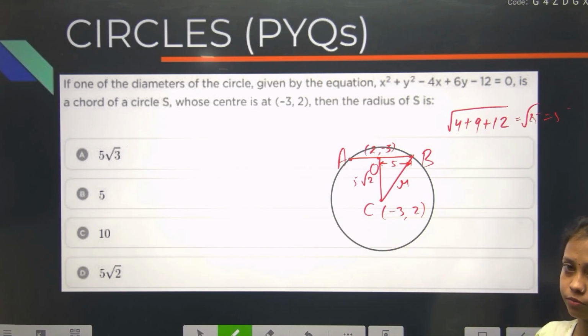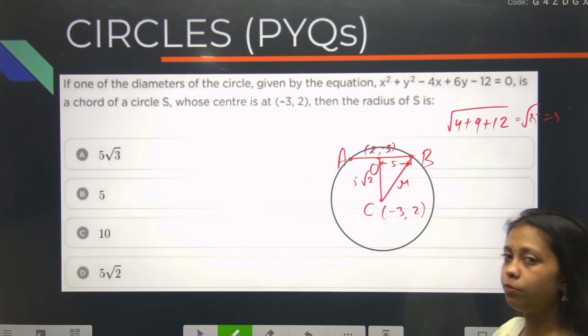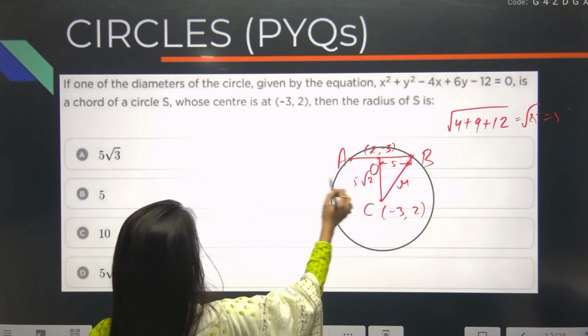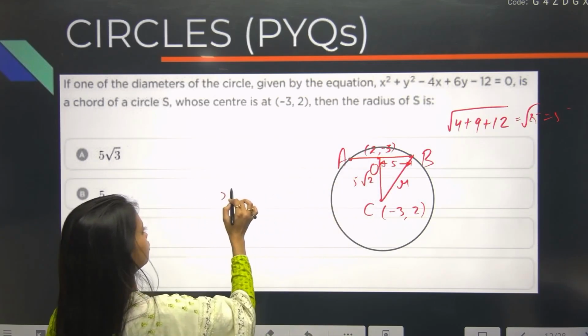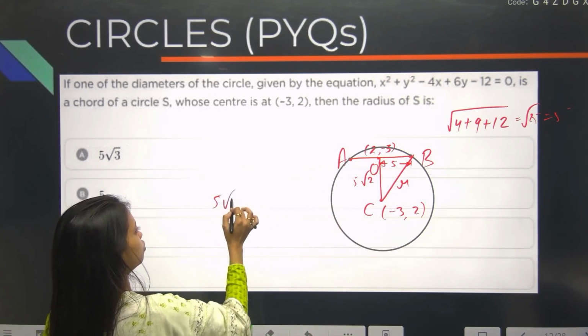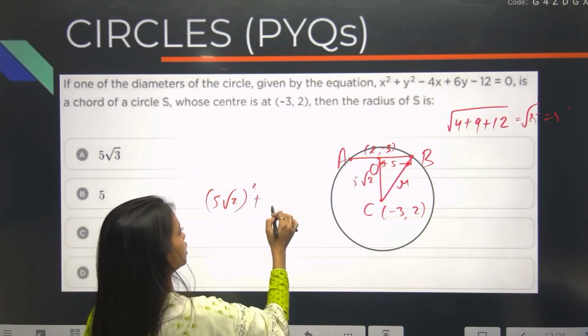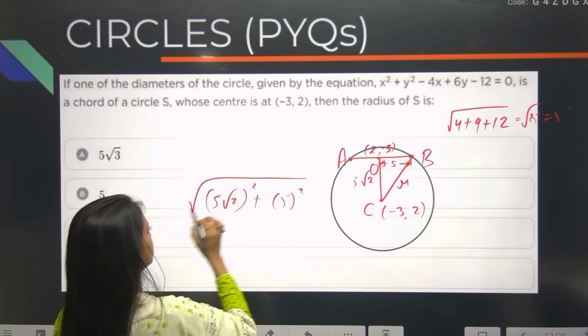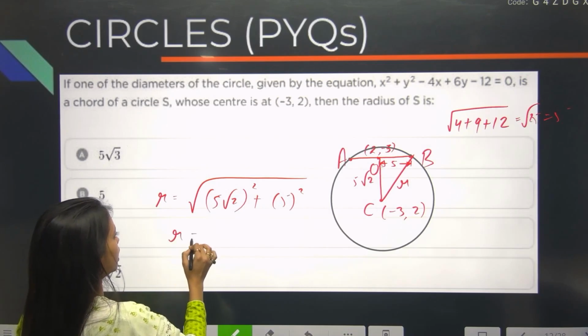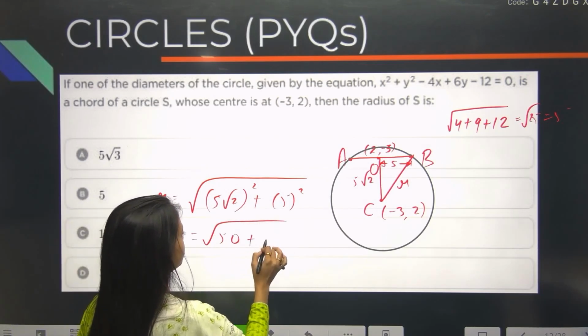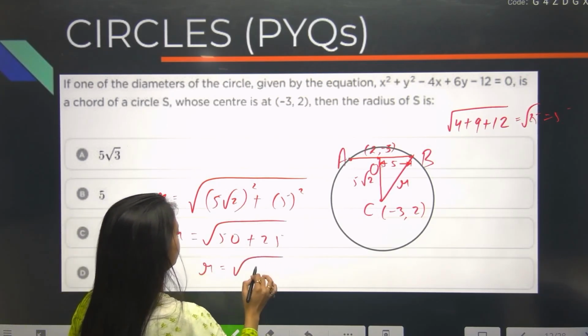What's the problem here? It becomes 50 plus 25. If you apply Pythagoras theorem here, it is 5 root 2 whole square plus 5 whole square, under root. This is the hypotenuse R. So R is given by root of 50 plus 25. R is given by root of 75.